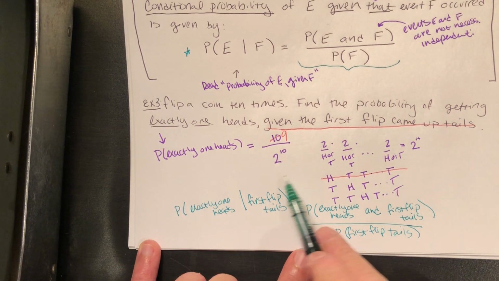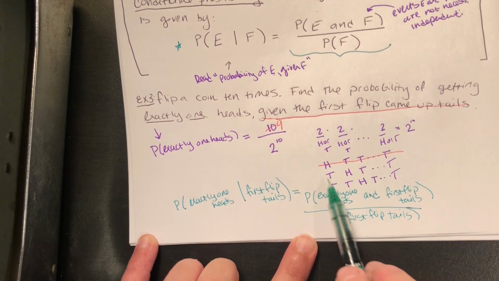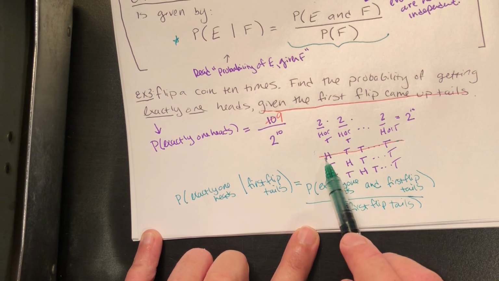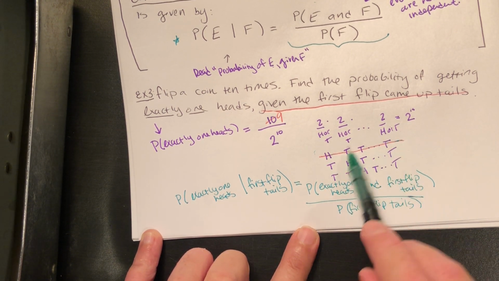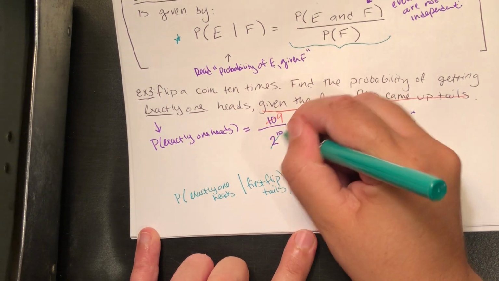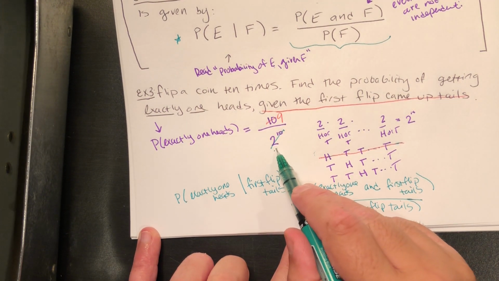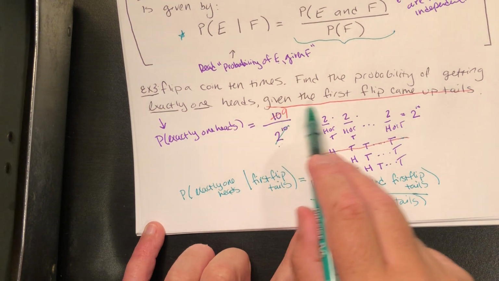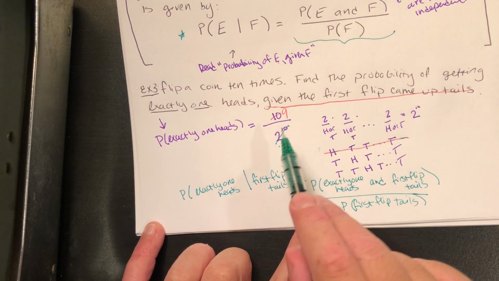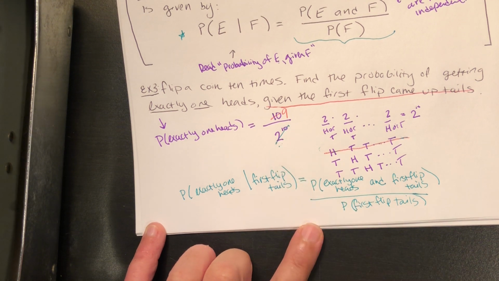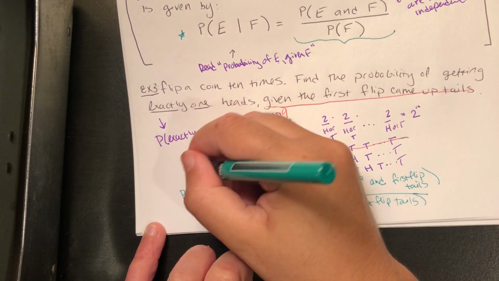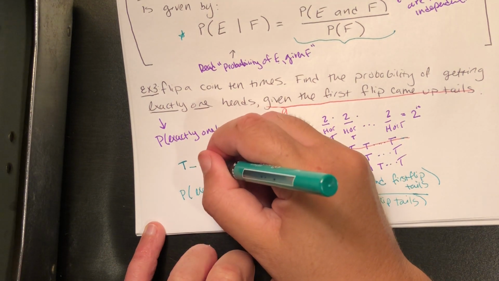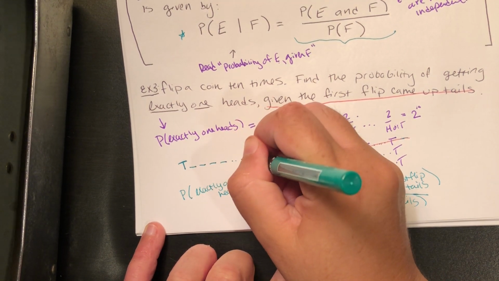Okay, oh, I see I made a mistake up here now. Right, so not only do we have to eliminate this first scenario here where we started with a heads and then had 9 tails, we also have to change the total number of the sample size in the bottom here. Because if we're saying that the first flip came up tails, there's not really 2 to the 10 outcomes, right? In this case, we're saying the first flip is guaranteed to come up tails, which means there's only 9 spots left.